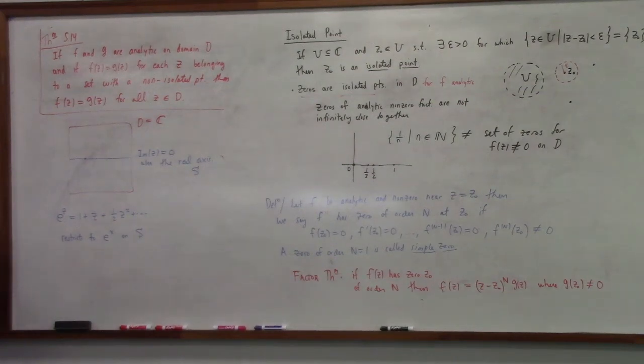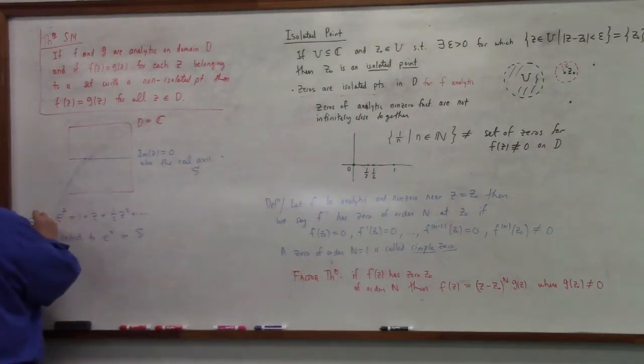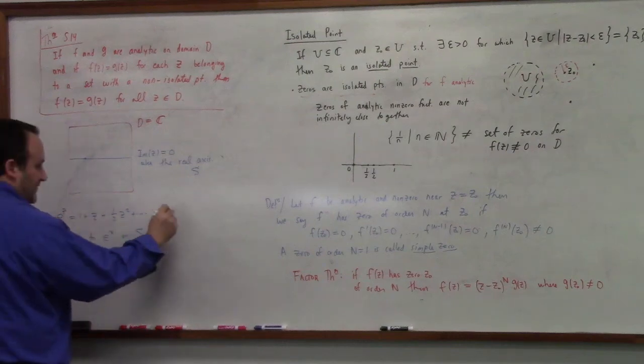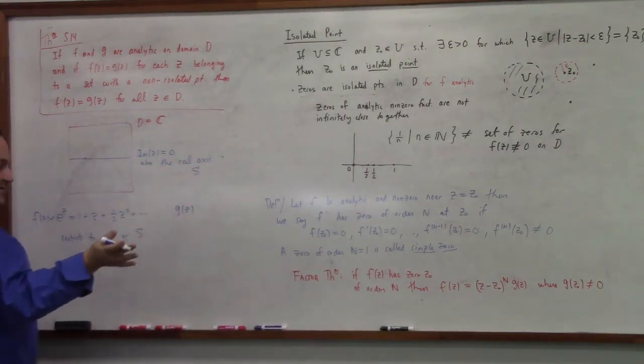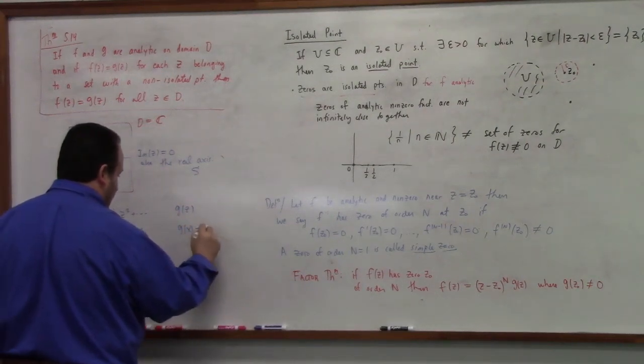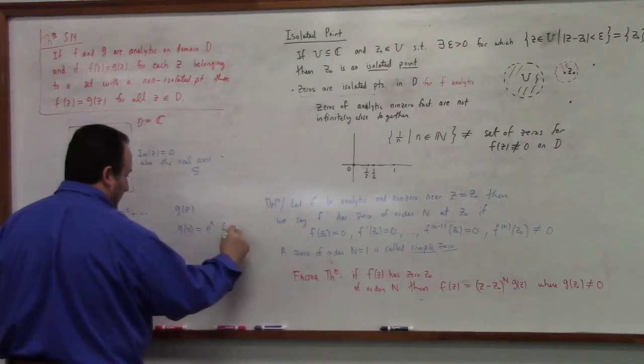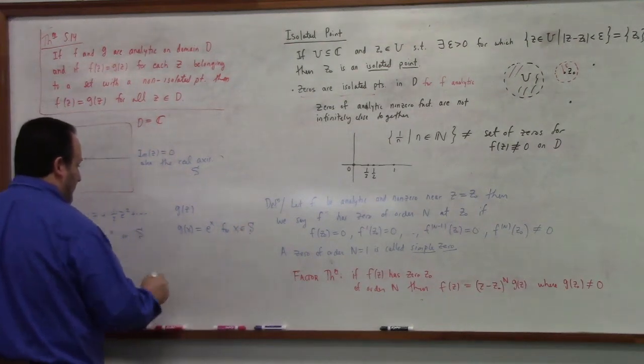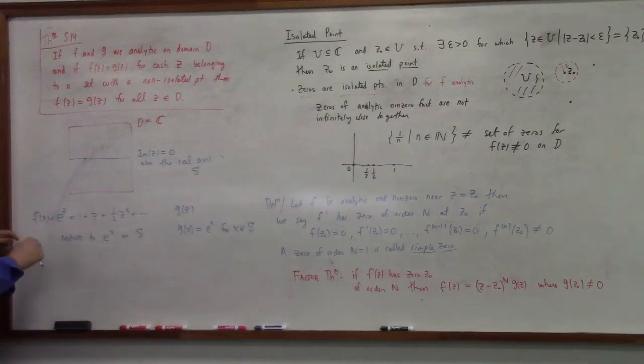Suppose this is f of z, and suppose you had g of z, something else, such that g of x is equal to e to the x for x in S. In other words, this g and the complex exponential both restrict to the real exponential on the real line. So they're equal on a set not containing an isolated point. Therefore, this is equal to that. It's the only possible extension of the exponential to the complex plane.